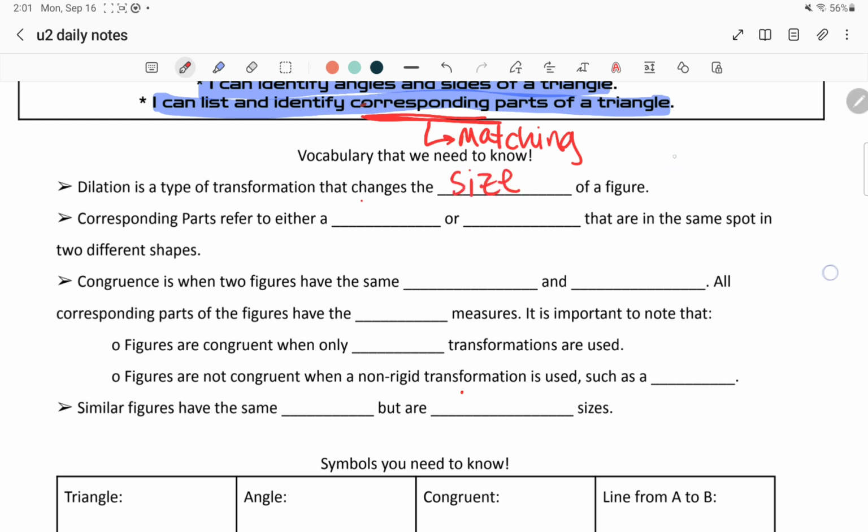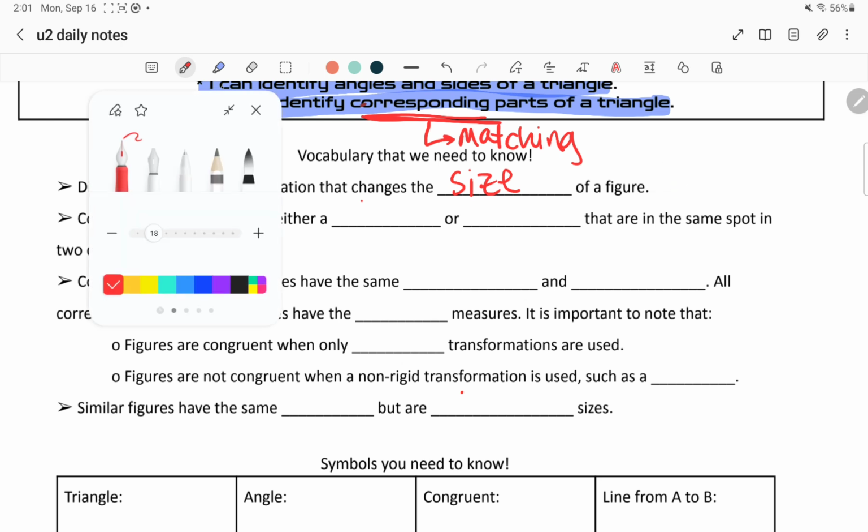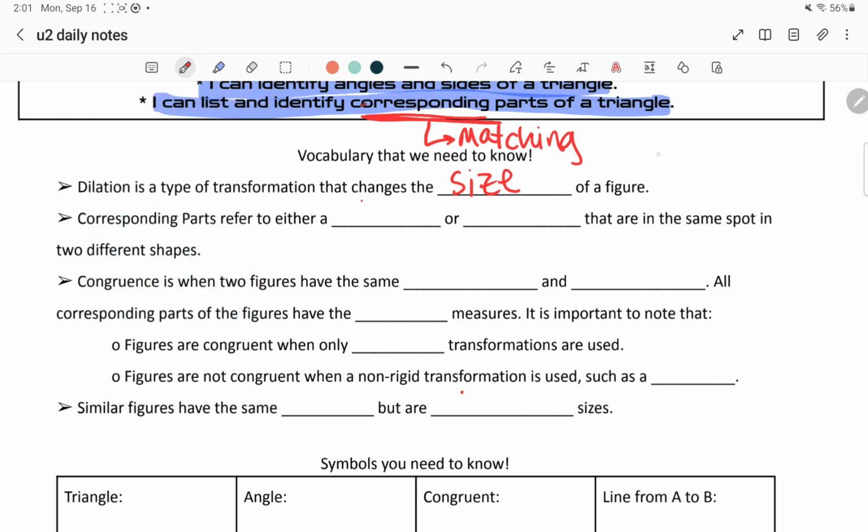So if I've got a triangle over here, if I change the size of it, I can make it bigger or I can make it even smaller. Dilations can do both. We haven't talked about them yet because Unit 1 was all about rigid transformations, ones that did things to shapes that didn't change the shape or the size.